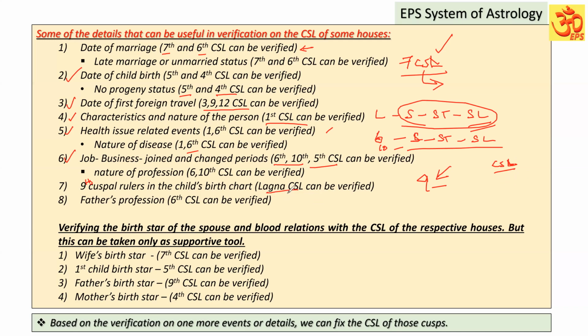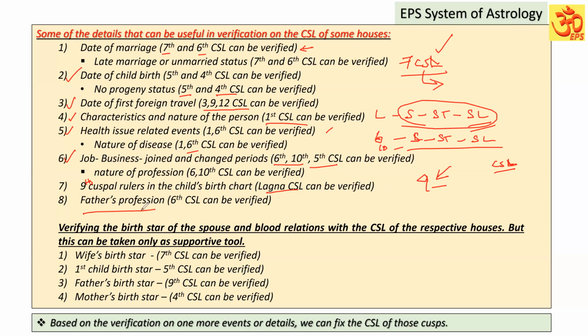That will be useful, because when we are analyzing or verifying some events, sometimes we will have two cuspal sublords next to each other, both maybe fitting, maybe matching. Out of that, which is important, which can be fixed, we will have some doubt. In such cases, checking such events and details will be more useful in fixing the particular cuspal sublord.